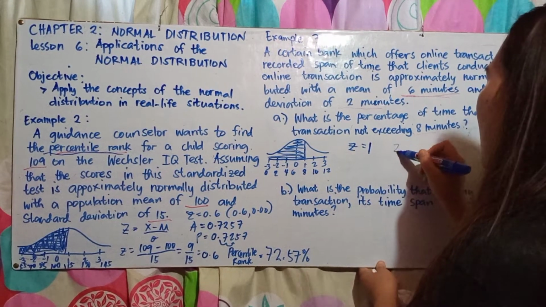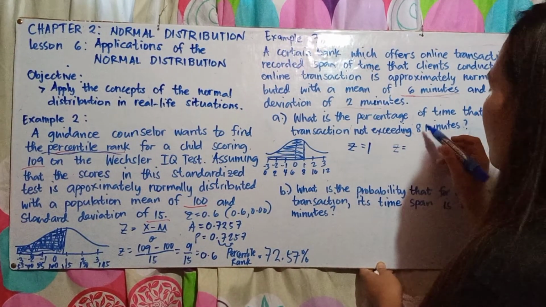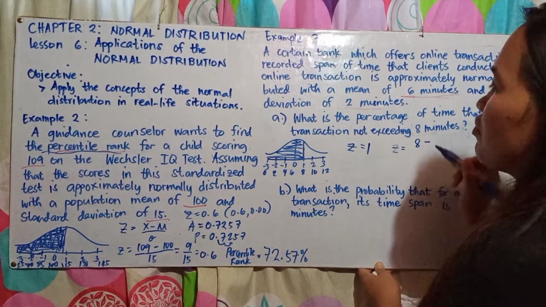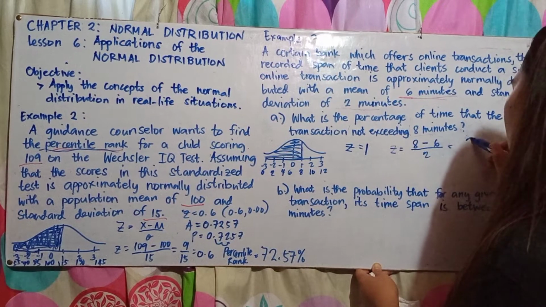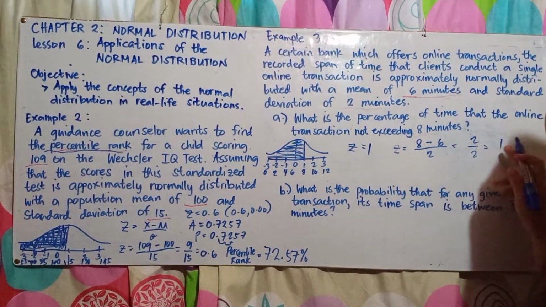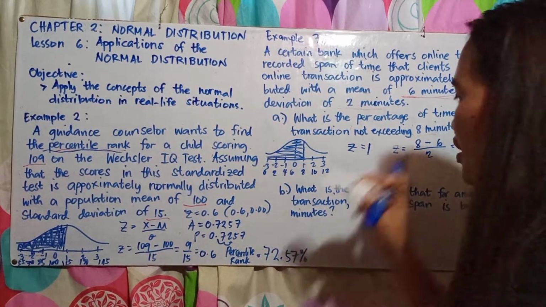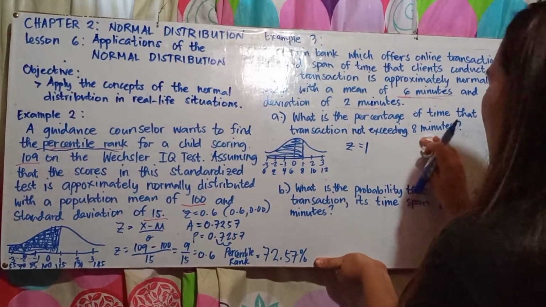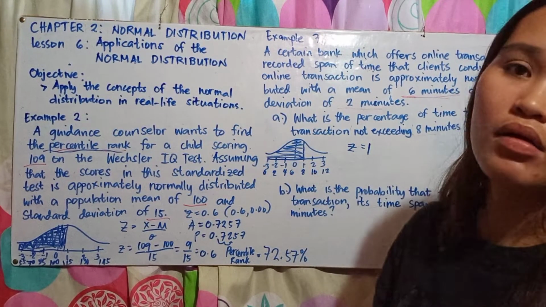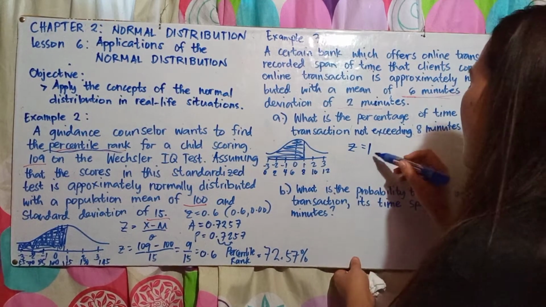Kay same lang man gihapon, kung mag-undergo ka og Z formula, 8 minus mean is 6 divided by 2, 2 over 2, automatic 1 lang man gihapon ang result. So, pwede na, dili mag-solve gamit ang Z formula. Since makita naman sa imuhang curve, Z equals 1.